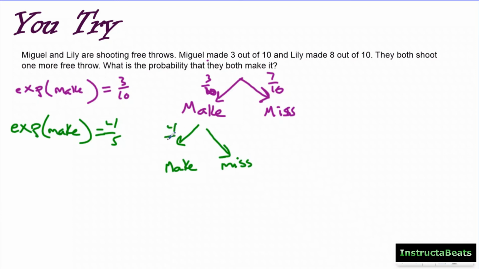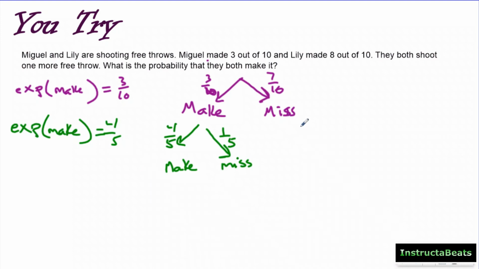So we're going to have 4/5 for making it, which means 1/5 that she missed it. Missing it would be the complement to making it, which means we go back to what we talked about with complements of an event. They have to equal 1. If she shoots the ball, she is 100% sure that she's either going to make it or miss it. Something is going to happen, which means our events have to add up to 1 to make it certain that something is going to happen.